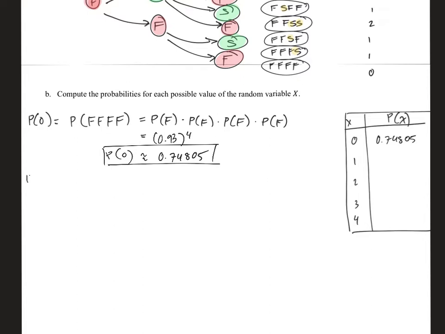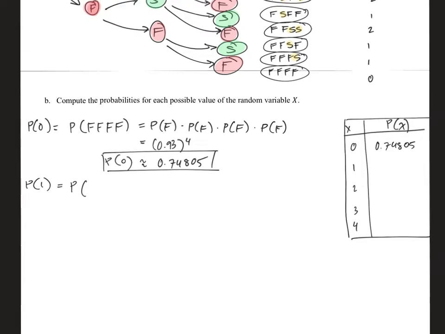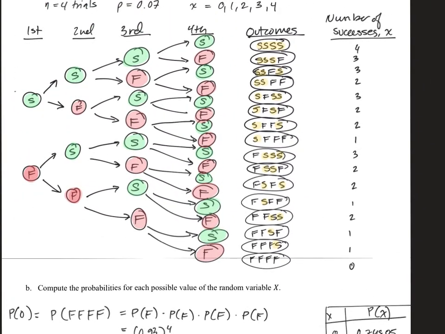Now let's find the probability of 1. So the probability of 1, how many different options do we have there? Well, let's go back and check our chart for the probability of 1. We have here, here, here, and here. So those are these different probabilities. I'm going to go ahead and copy those down.